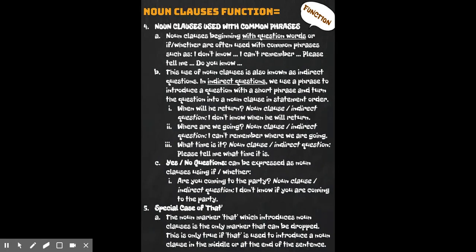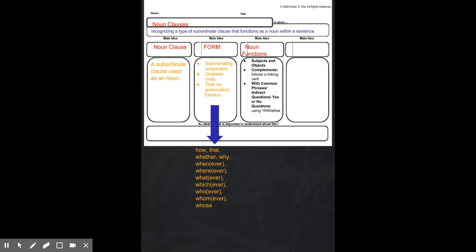It's really not hard. What's tricky is just remembering to kind of bracket it in your mind. And again, diagramming will help you see what we're trying to learn. So noun clauses function just like nouns. They function as subjects, objects, complements. They hang out with common phrases and are used in indirect questions or yes/no questions.